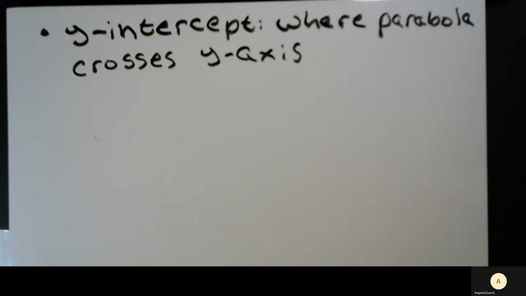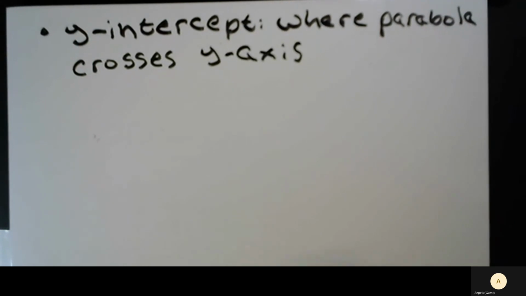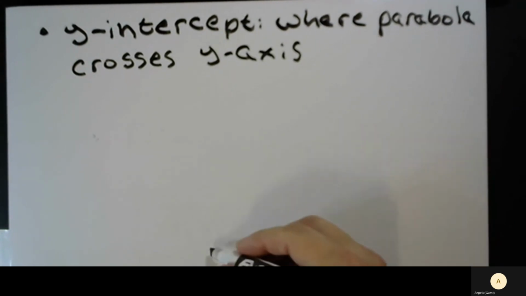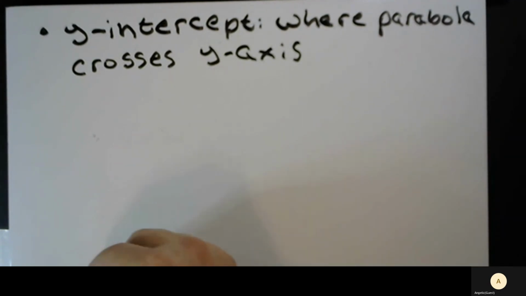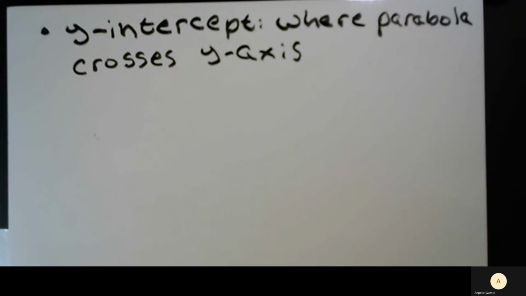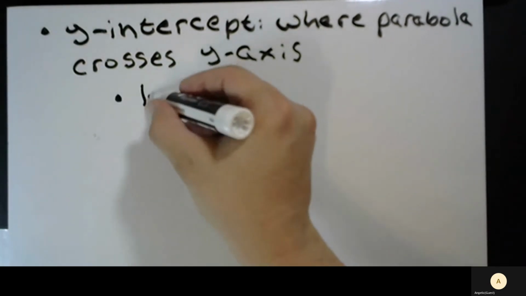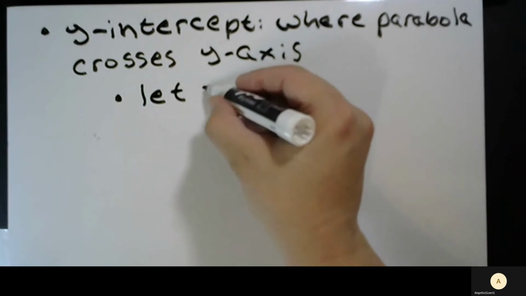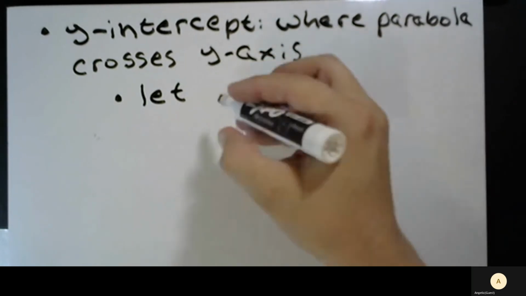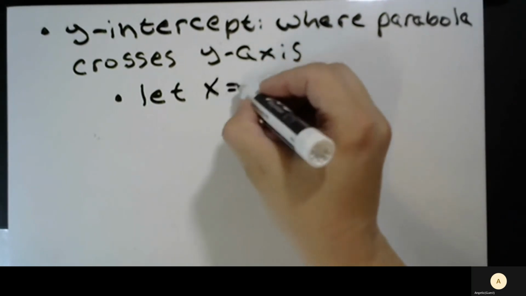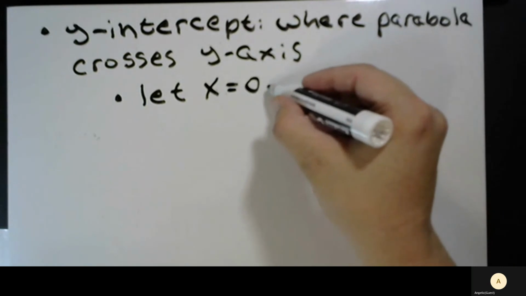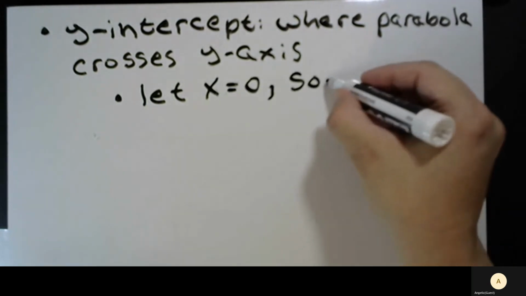Well, for something like this, the way we're going to find this, we find it exactly the same way that we find the y-intercept for a line. So what we'll do is we'll let x equals 0 and solve for y.